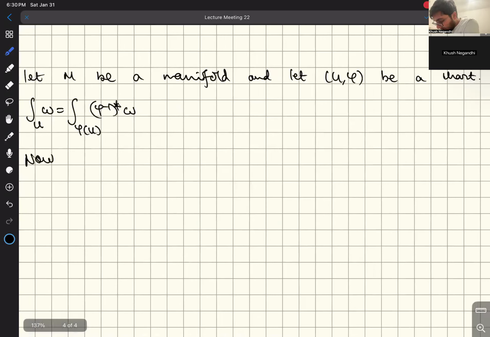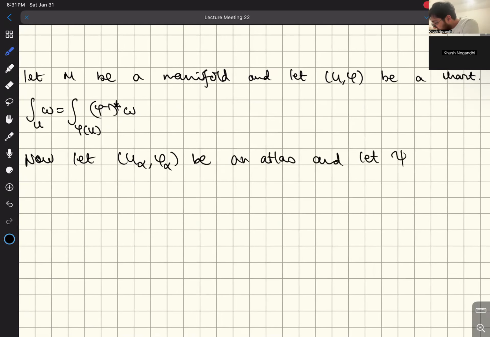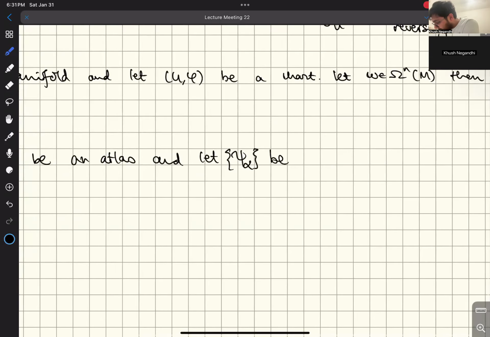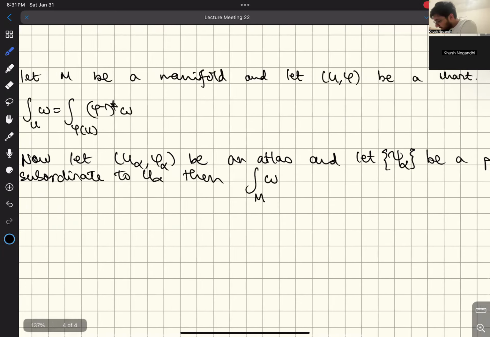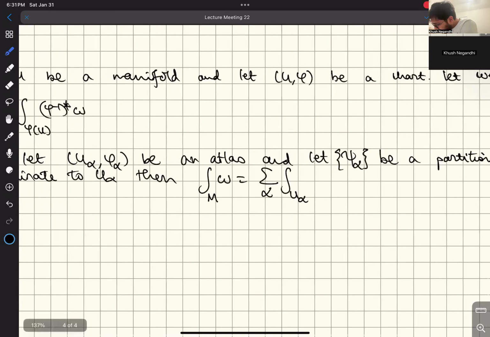Now let (U_alpha, phi_alpha) be an atlas, and let psi_alpha be a smooth partition of unity subordinate to U_alpha. Then we define the integral over M of omega to be the sum over alpha of the integral over U_alpha of the pullback of psi_alpha omega.